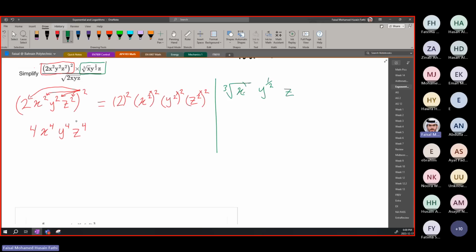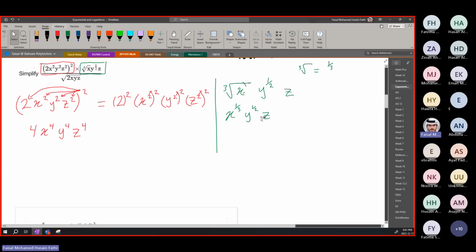Look at the x by itself. We know when we have a cube root, this is equal to the power of 1 over 3. Right? This is from yesterday's session. So this is x to the power of 1 over 3. Y to the power of 1 over 2, and z. And that's it. This is the final thing. Simplified, done. We want it all to be in this form. It has an exponent. It doesn't matter if the exponent has a numerator and denominator as long as it's in exponent form. We're done with that.